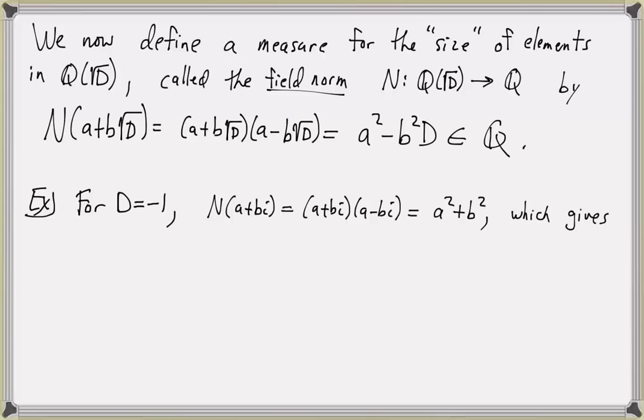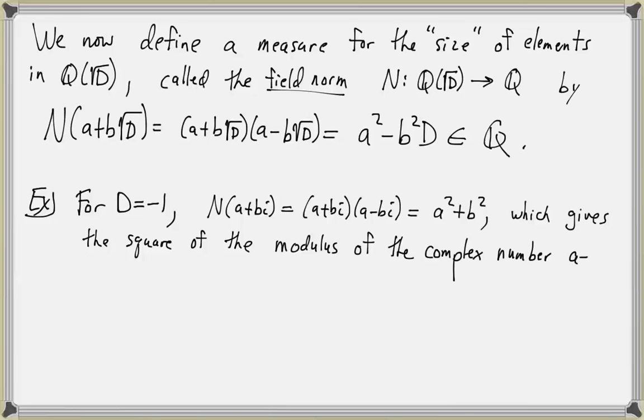So the field norm in the Gaussian integers actually gives the square of the modulus of the complex number a plus bi, and the modulus is, when a plus bi is identified as a point in the complex plane, the distance from a plus bi to the origin.